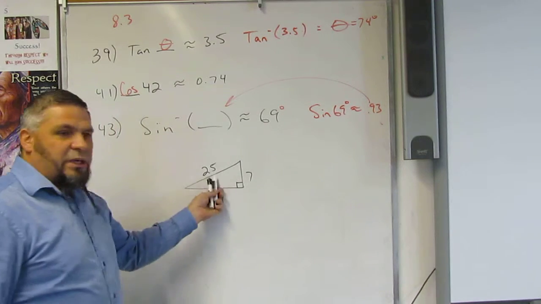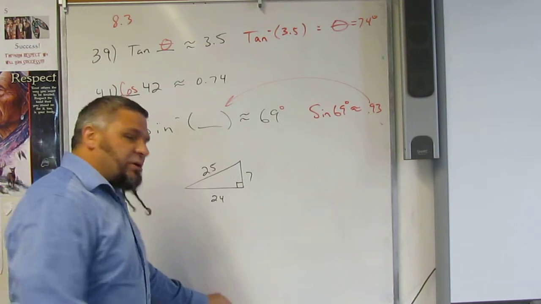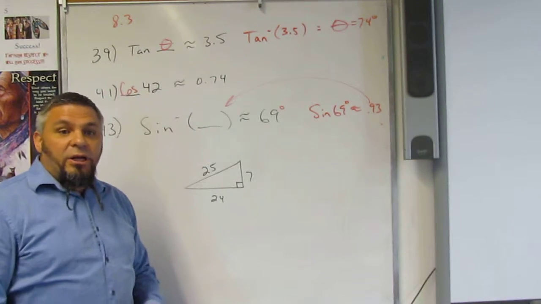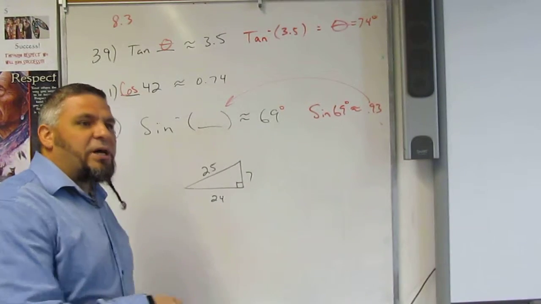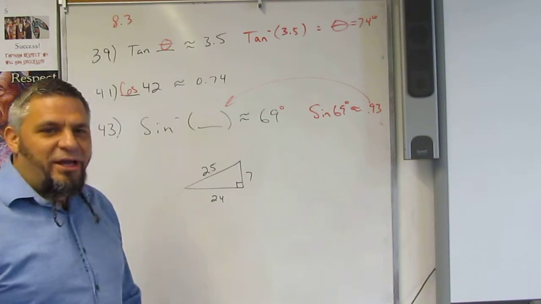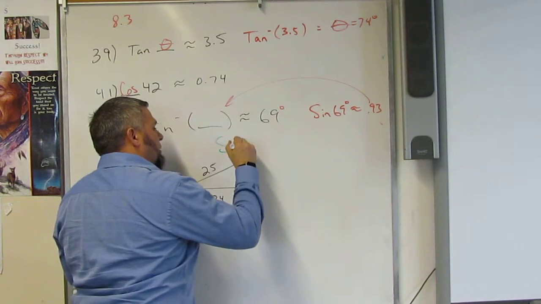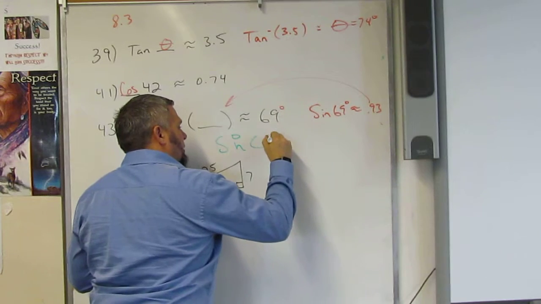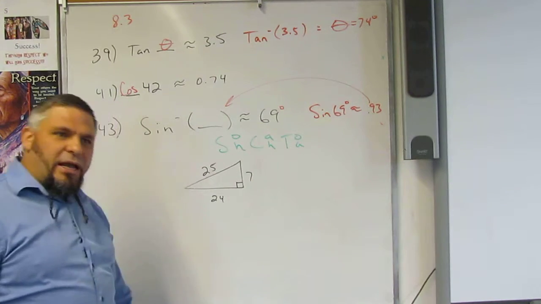So when we want to do this, and it's a right angle, I know Soh Cah Toa works. Tomorrow we're going to learn about the cosine law and law of sines, where you don't need a right angle. But Soh Cah Toa, you need to write that every single time.